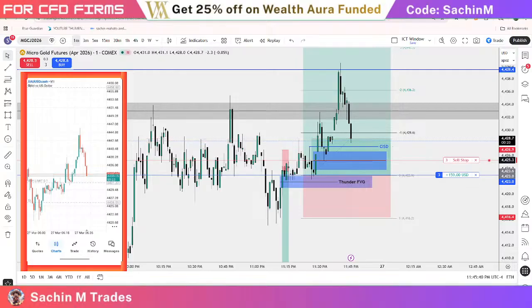I'm not willing to sacrifice my profits to hold on to this trade because the market is coming down from a liquidity level, and if it gives a candle closer below this level, then we are doomed to go down.